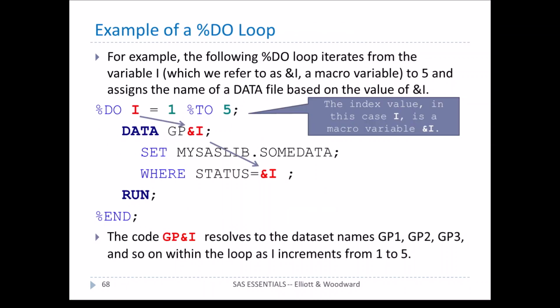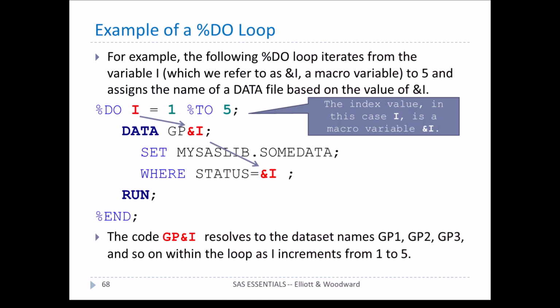Okay, let's take a look at an example of a do loop. For example, in the following do loop, we have %do I equal 1 to 5. Now, the difference in this do loop, since it's within a macro and we're using the %do, is that the I becomes a macro variable. So I can now use this I as we go through this loop as a macro variable within other code.